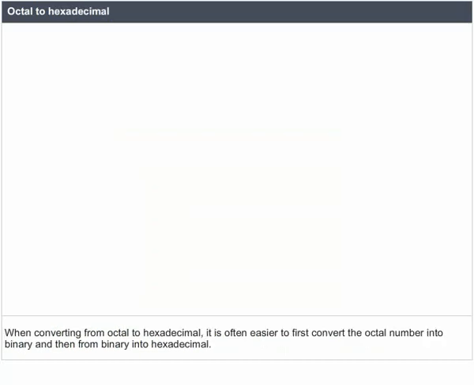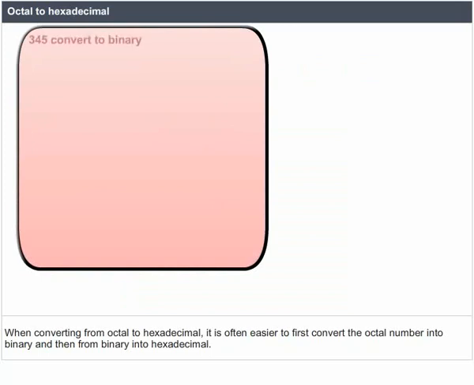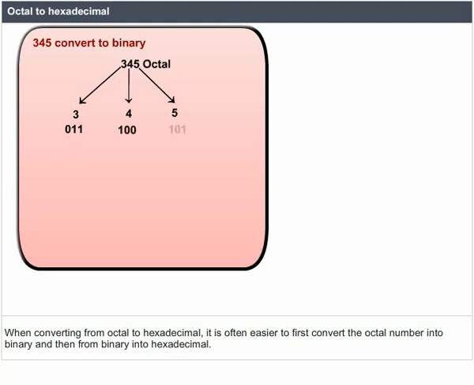Octal to hexadecimal. When converting from octal to hexadecimal, it is often easier to first convert the octal number into binary and then from binary into hexadecimal. For example, to convert 345 octal into hex, octal is 345, binary is 011 100 101, which equals 011100101 binary.